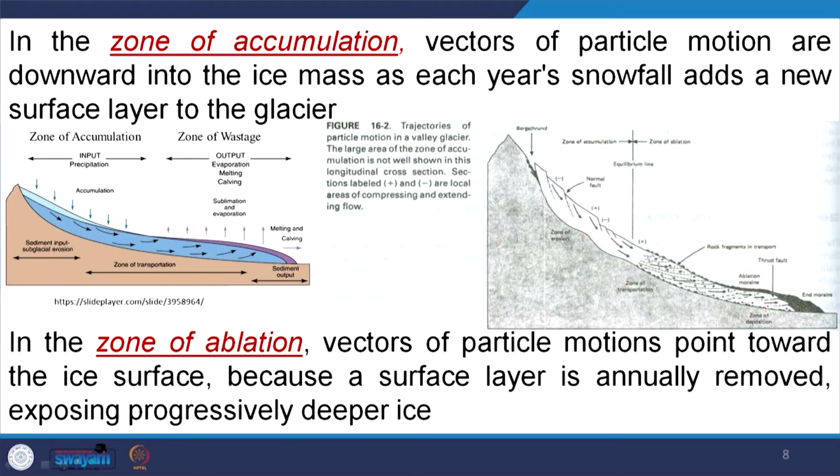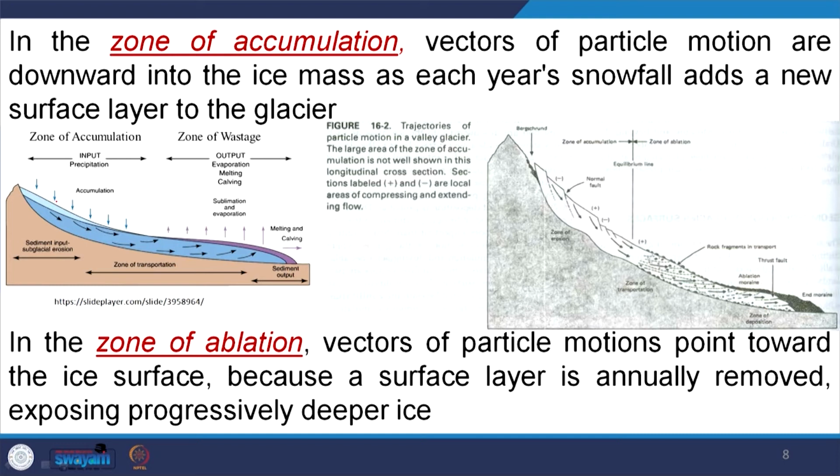In the zone of accumulation, vectors of particle motion are downward into the ice mass as each year's snowfall adds a new surface layer to this glacier. This point is to be understood. At the zone of accumulation, we are accumulating ice, adding one layer on another, one layer on another. So, the movement is downward.